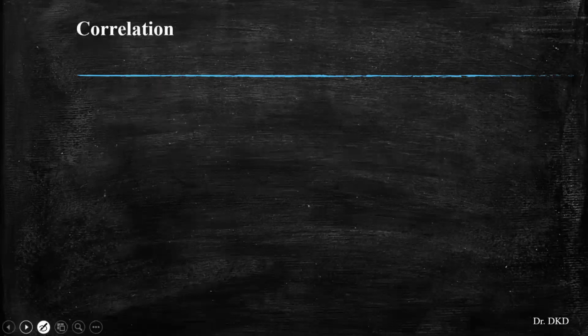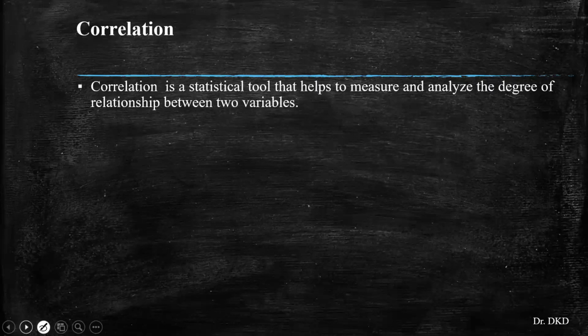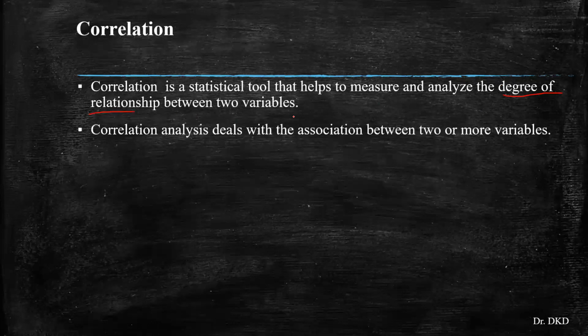So here, what is correlation? That is one of the important points. Correlation is a statistical tool that helps to measure and analyze the degree of relationship between two variables. The degree of relationship is the important point to understand here.